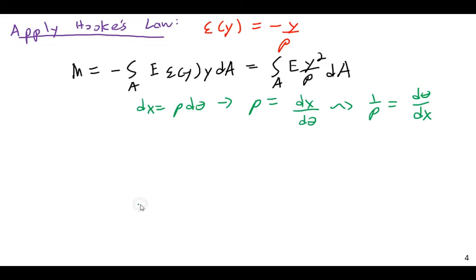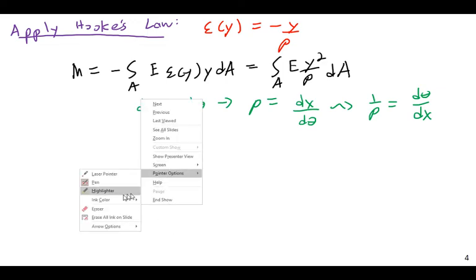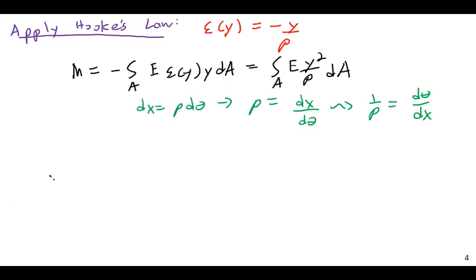And then, finally, we can say that M is equal to the area integral of E times y squared d theta over dx dA.